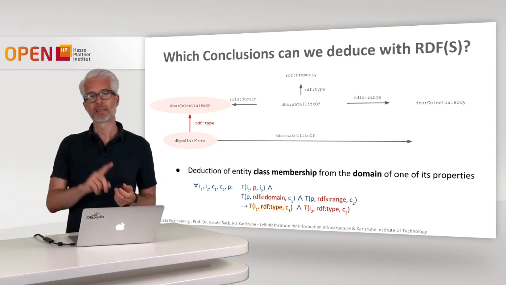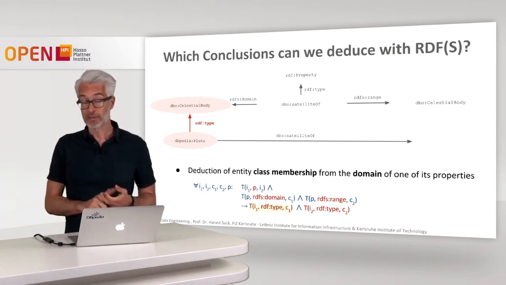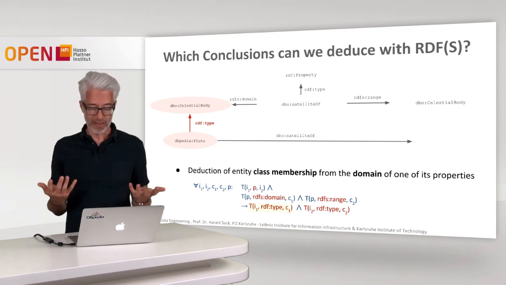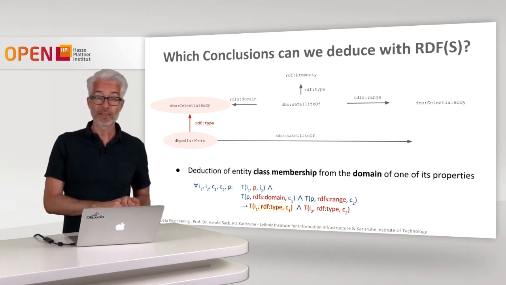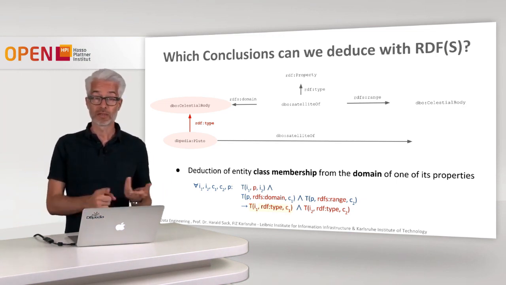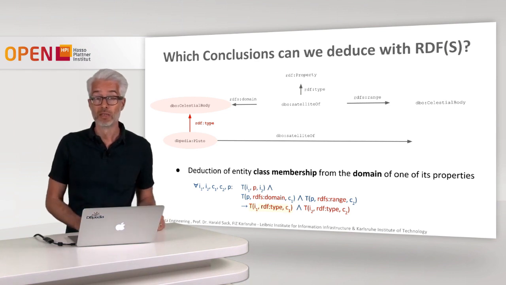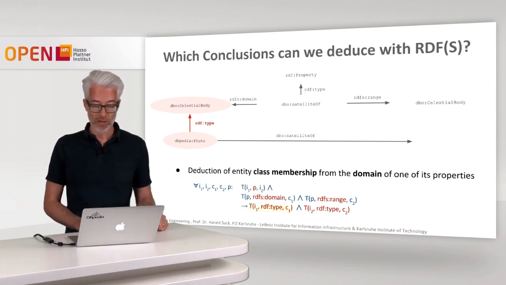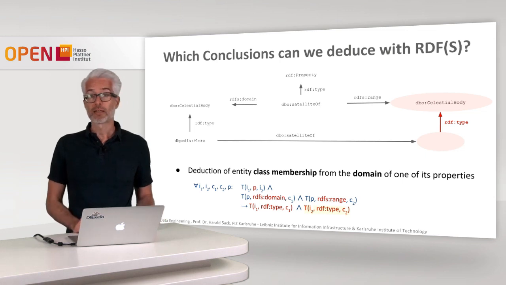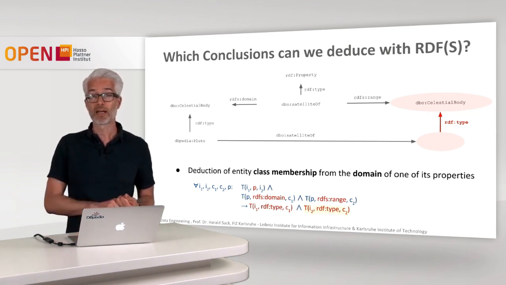This is the second line. Then this implies that I sub 1 must be of type C sub 1. So this is the first deduction that we can draw. And of course we can also draw the other conclusion that here the range is bound to a specific class, so that I sub 2 must be of type C sub 2.